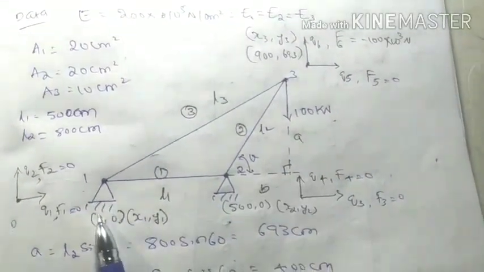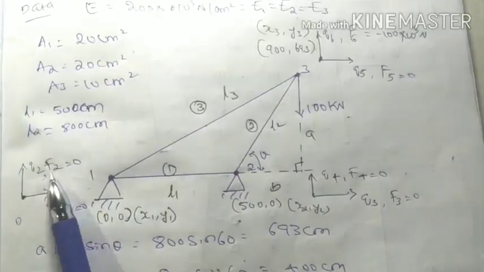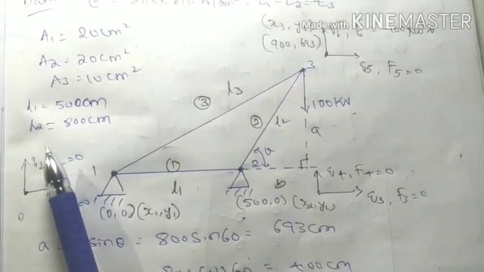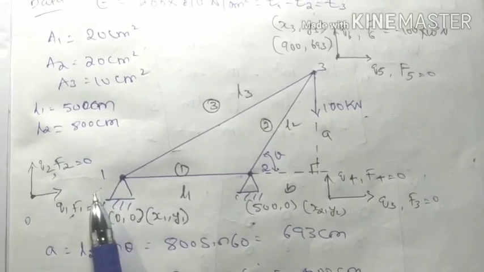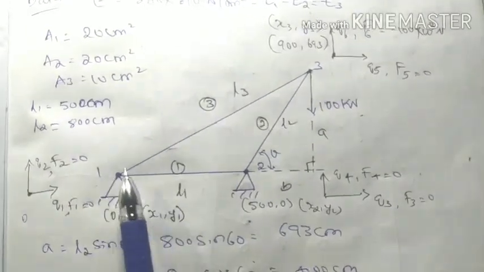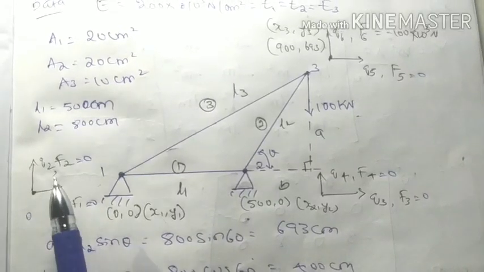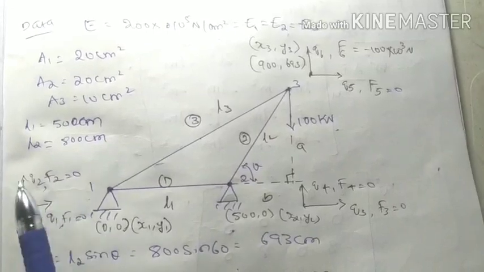Therefore we consider the corresponding nodal displacements q1 and q2. Q1 is the nodal displacement along the x direction, and q2 is along the y direction. For a hinge there is no transverse displacement, so here q1 is 0, q2 is 0, and since no force is acting here, f1 is 0, f2 is 0.